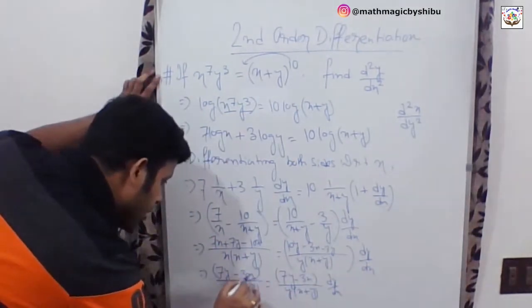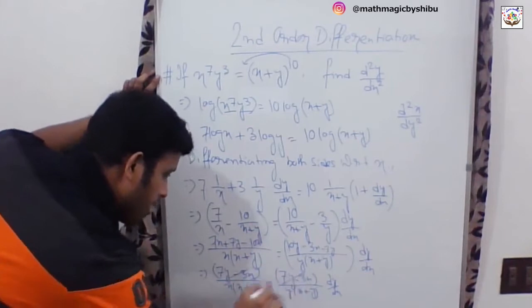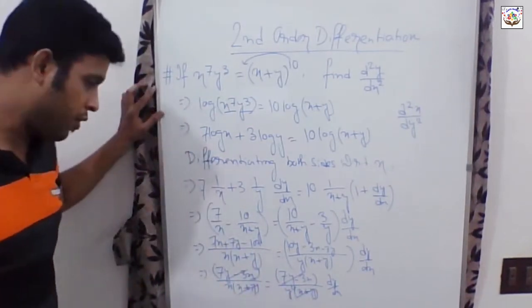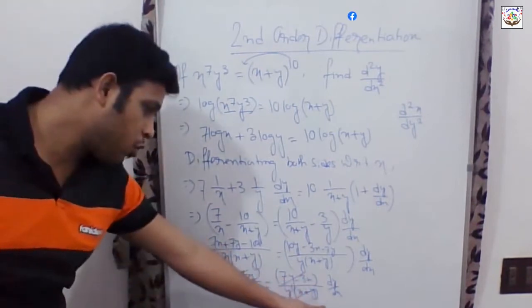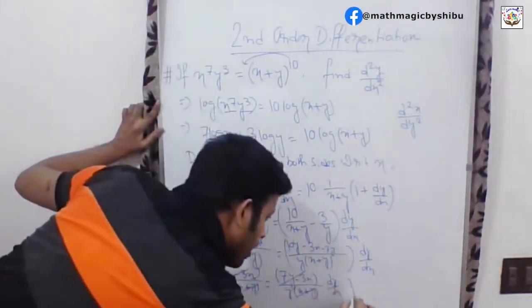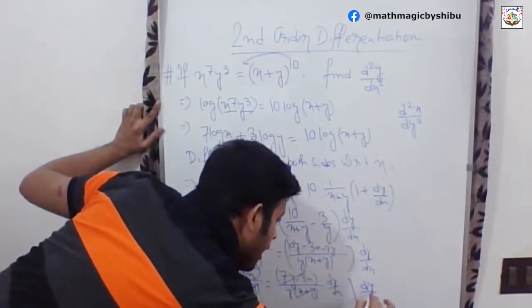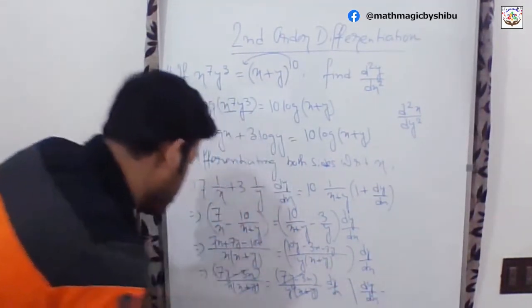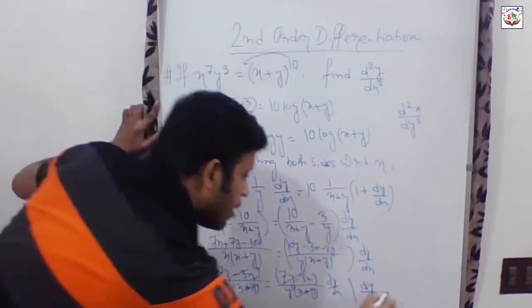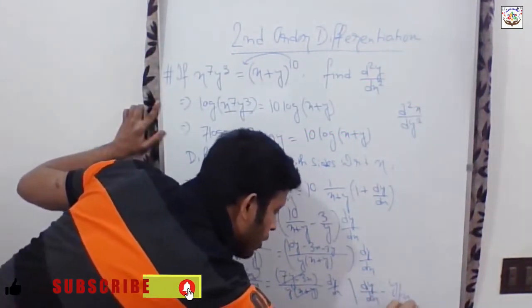So we can easily cancel out both the numerator part and the x plus y part from the denominator. Okay, so dy dx will be equal to, y will be on this side, so from here dy dx will be y by x only.